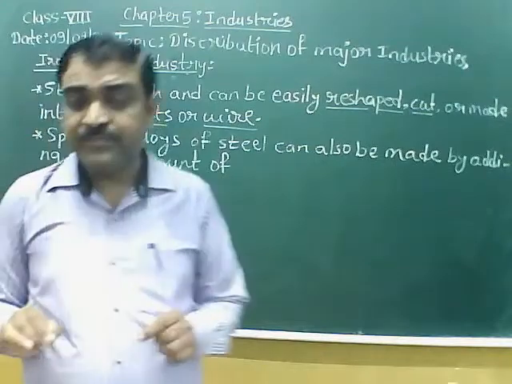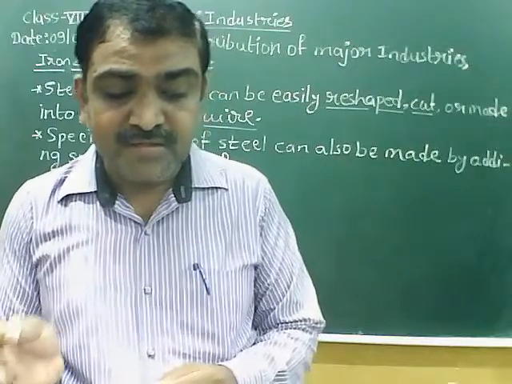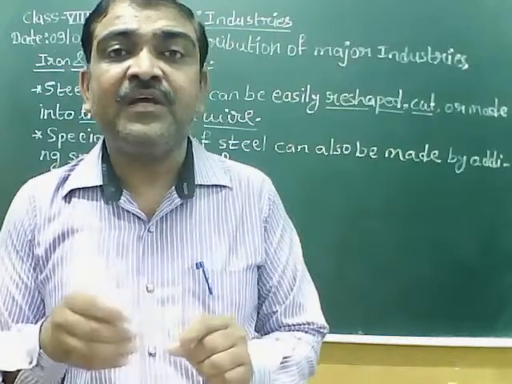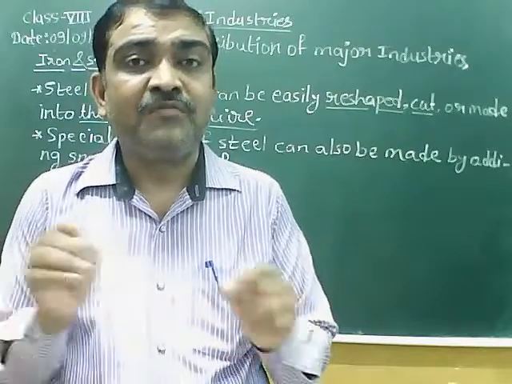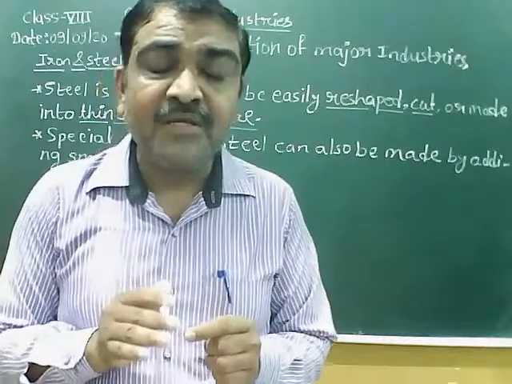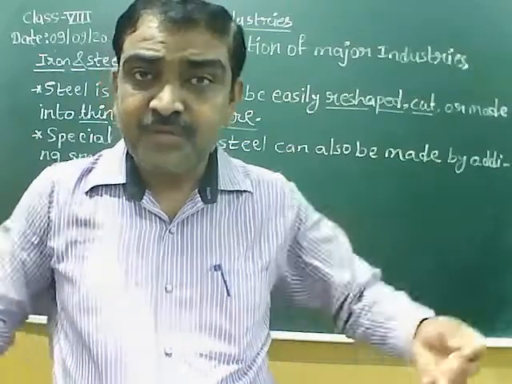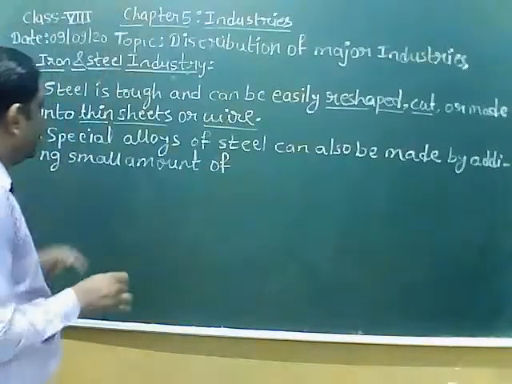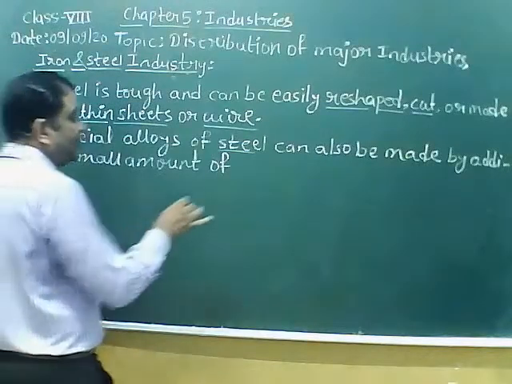What does it mean? In steel, a number of other metals can also be added, and that is known as an alloy. In case of an alloy, the proportion of the metals to be mixed is not fixed. Alloy में क्या होता है कि केमिकल रिएक्शन नहीं होगा और जो proportion है वो फिक्स नहीं होता है. Got it? But special alloys of steel can also be made by adding a small amount of metals.